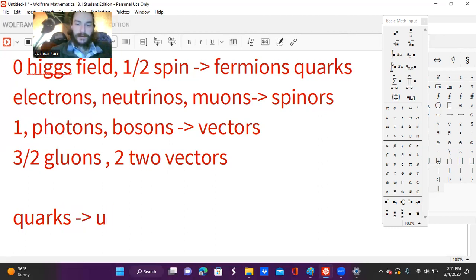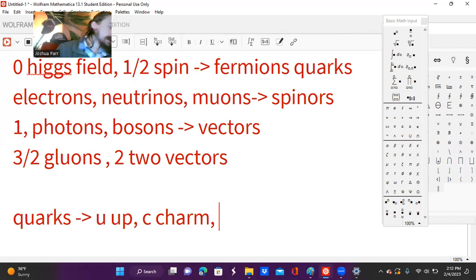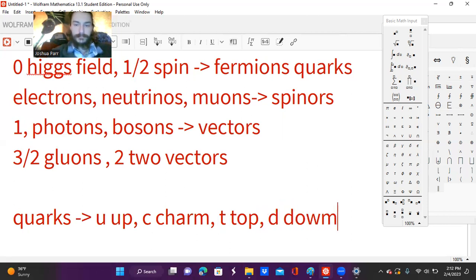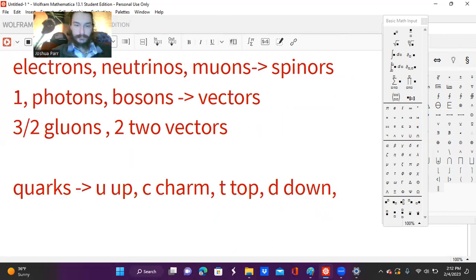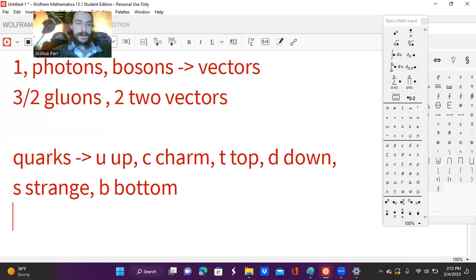There is the U up, the C charm, the T top, the D down, the S strange, and the B bottom. And then we have some leptons.